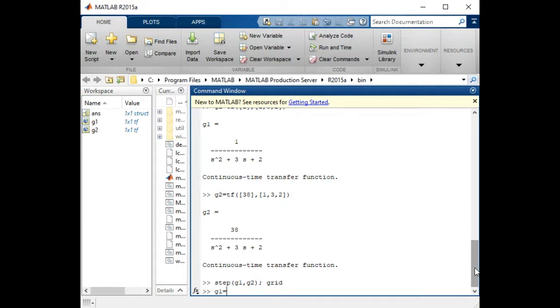So wouldn't we need to know what the feedback is? Well, I just said it's unity gain. Remember, it's a unity gain feedback system, so H would be equal to 1. So it would be 1 over. All right, let's do this.